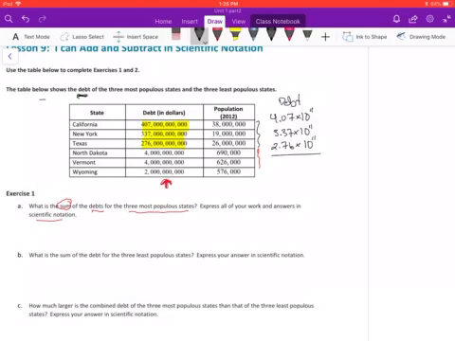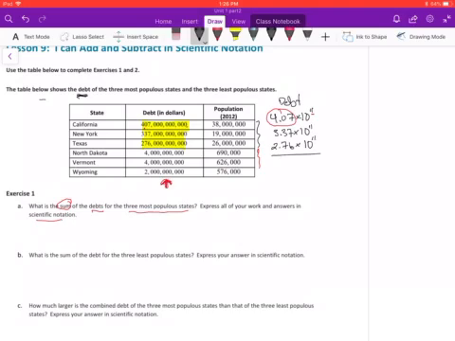If you forget how to do that, remember the lead factor, the first factor here, has to be between 1 and 10. So I put my decimal in between there to make it between 1 and 10. Then all I do is count the number of places from the decimal to the end, and it's 11 places, and that becomes my exponent.